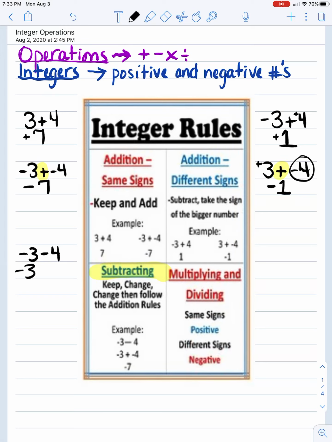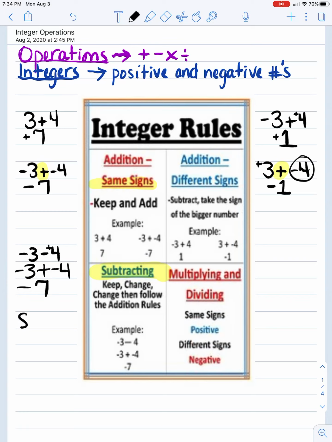So I keep the first sign, I change the minus to plus, and I change that positive 4 to a negative 4. And then it says follow addition rules. Well, do I have the same signs or different signs? Negative 3 plus negative 4, I have the same signs, so I keep the sign and I add the numbers. 3 plus 4 is 7.